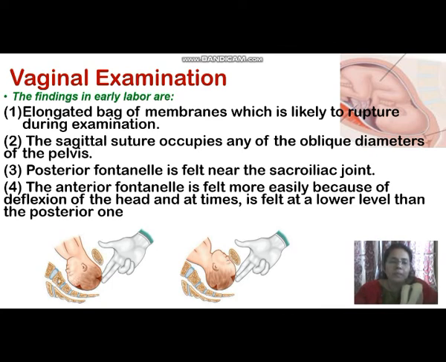This is the sacral promontory. In the normal mechanism like this, we can feel the posterior fontanelle and we cannot feel the anterior fontanelle. But in this posterior position, the posterior fontanelle is at the back and the anterior fontanelle is in the front, so we can feel the anterior fontanelle very clearly.